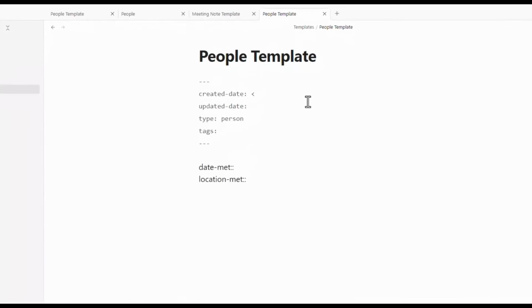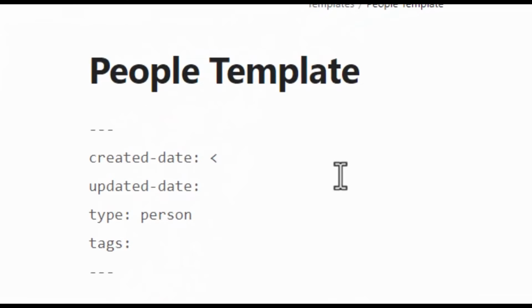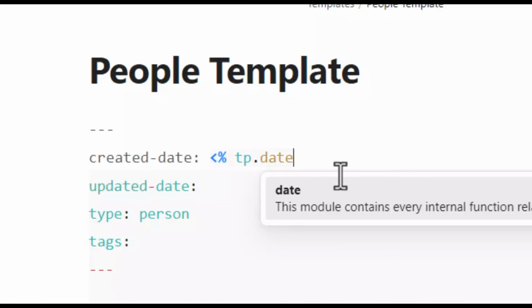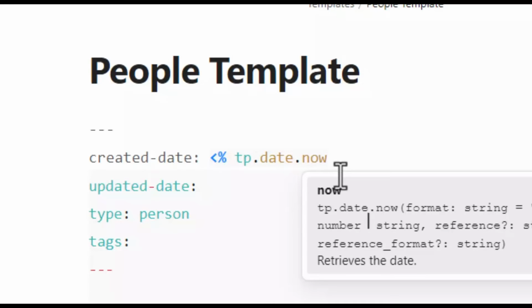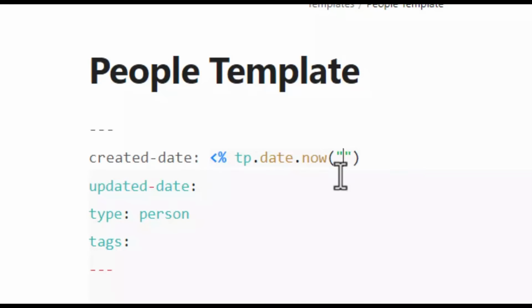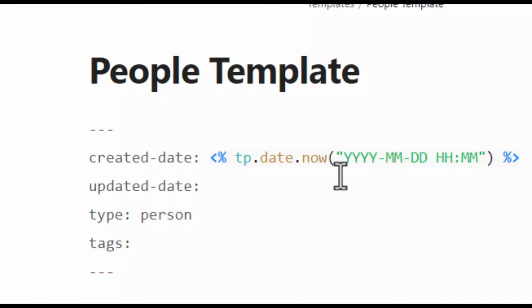You're going to have a smaller-than sign, percentage sign, space, tp.date.now, open brackets, quotes, YYYY-MM-DD, space, and we're going to have another percentage sign and close the little brackets that we have.